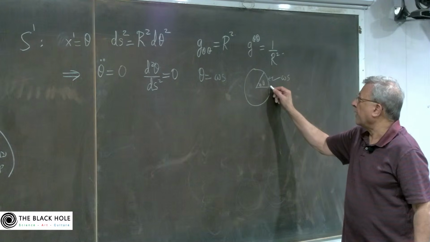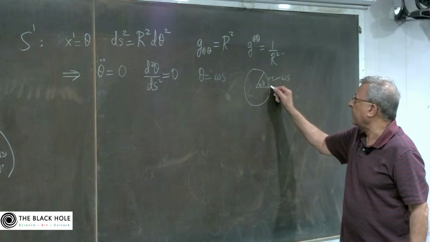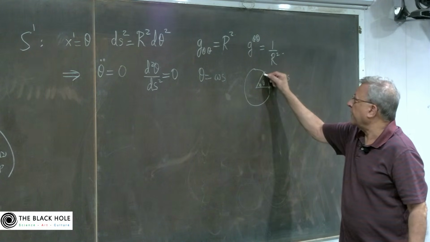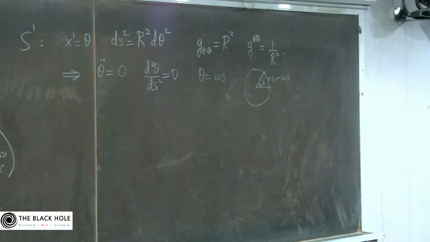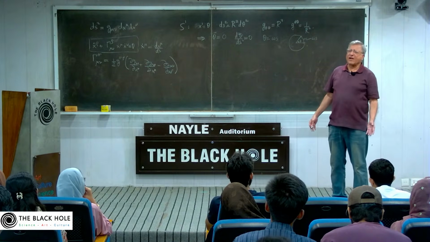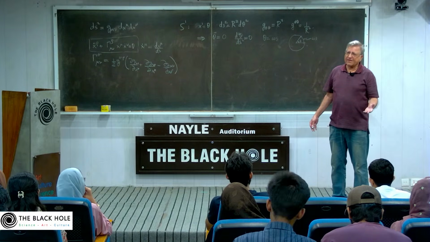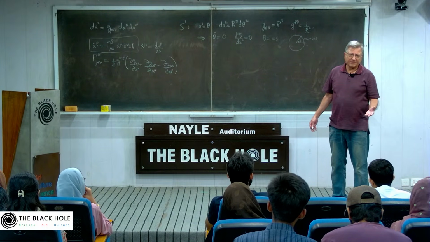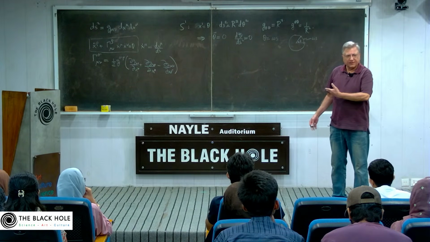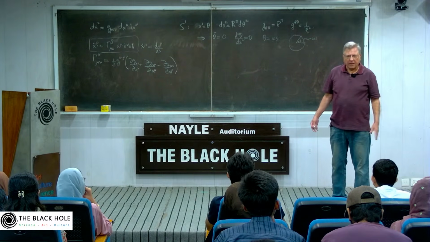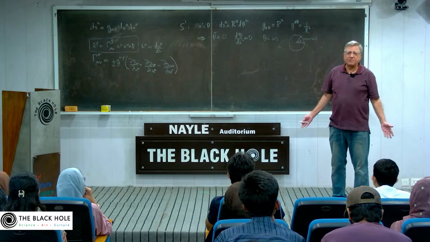So this length from here to here is omega s. The further you travel, the greater the value of theta. So theta is proportional to s, which is a solution of this differential equation. We can't have it any simpler than this.